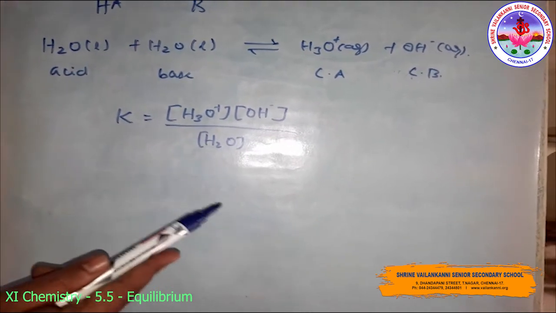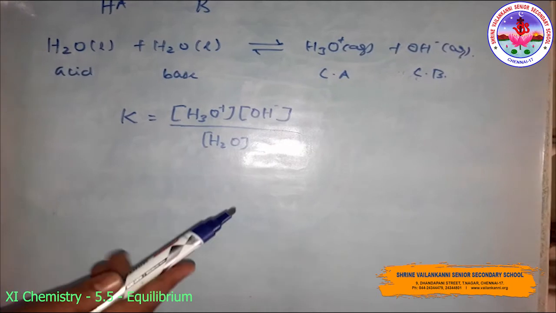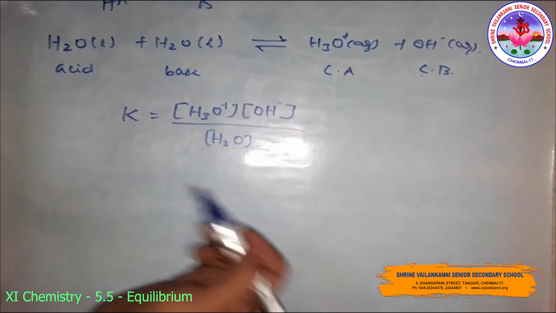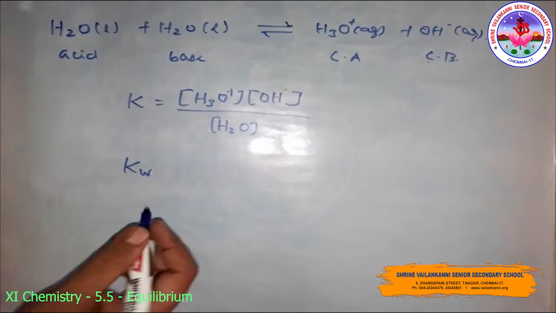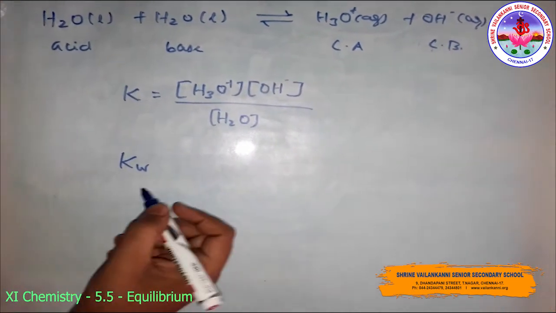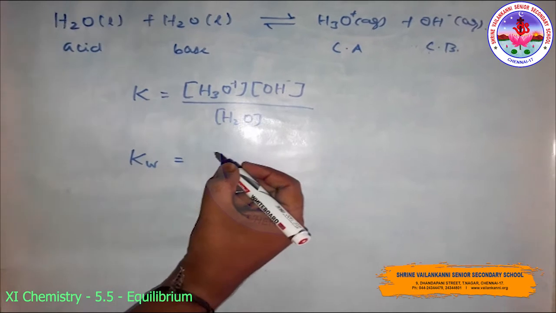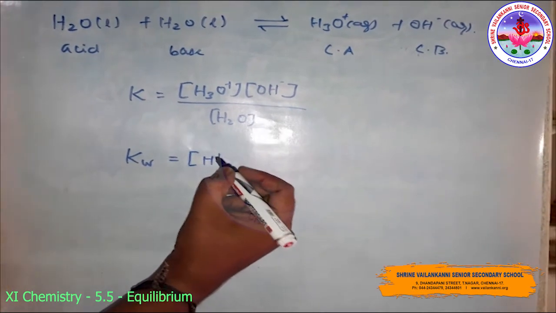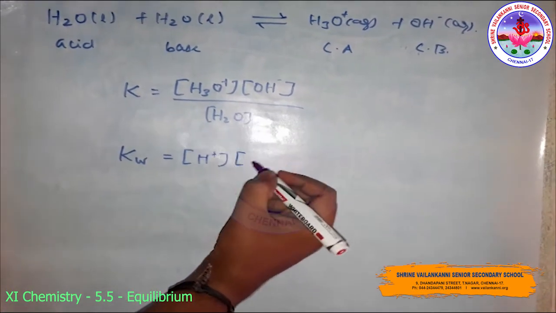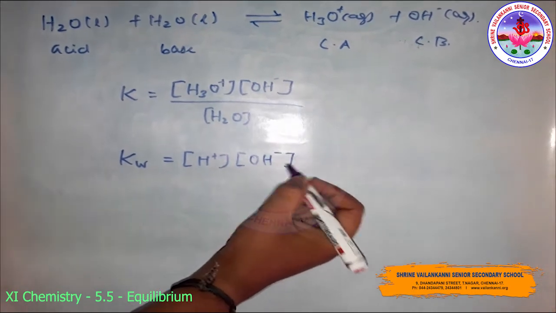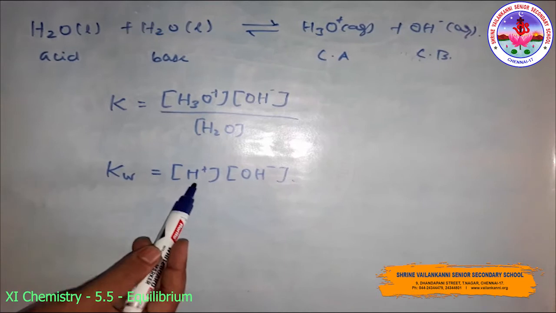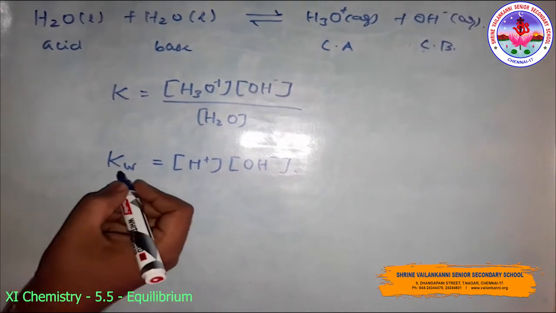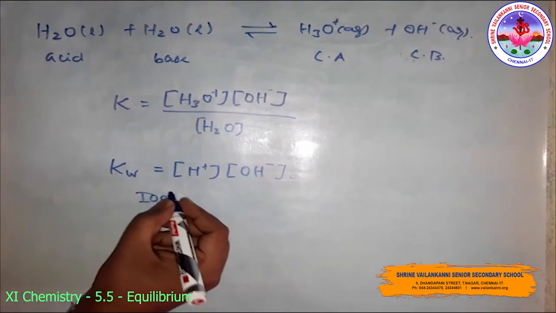That is why H2O is incorporated with the equilibrium constant to give a new constant called Kw. This Kw is called the ionic product of water. You can write H plus instead of H3O plus, times OH minus.